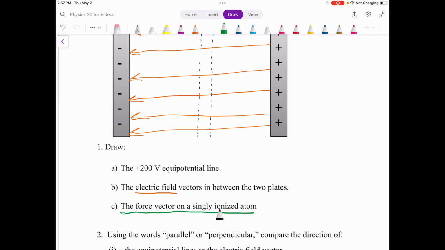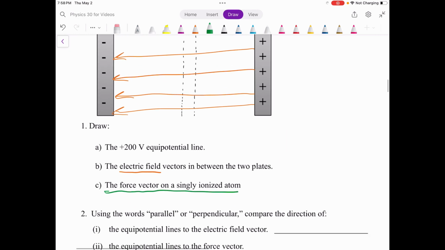So singly ionized just means one electron has been removed. So in physics, typically, unless it's explicitly stated that it's an ion that has gained electrons, to say something has been ionized means it has lost an electron. Now that brings up the question, if it's lost one electron, what's its charge?